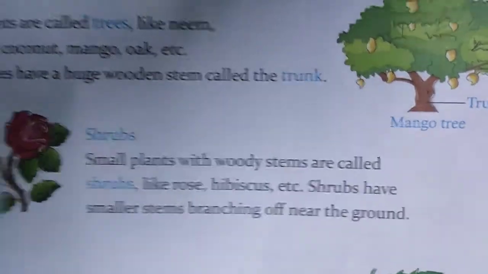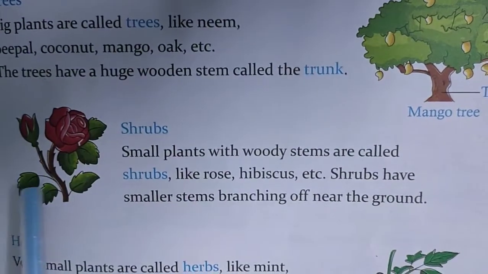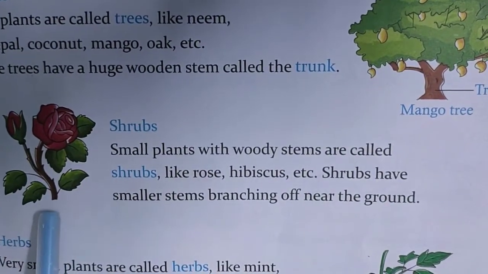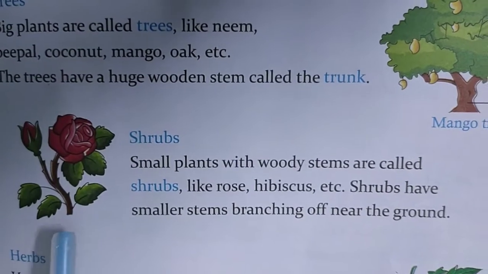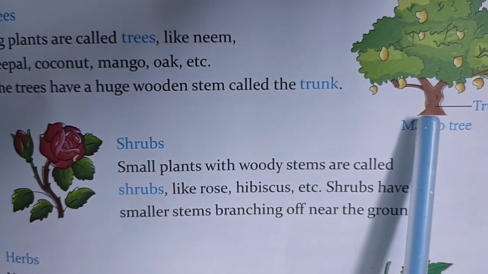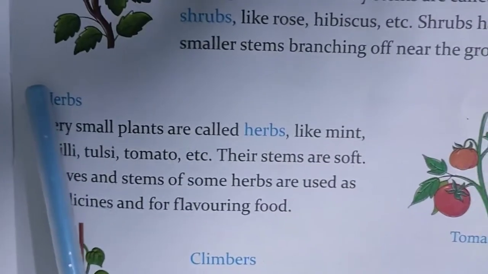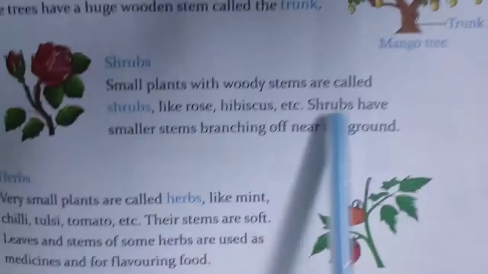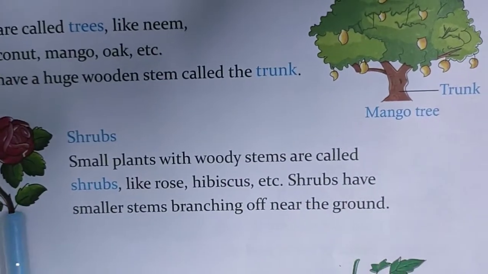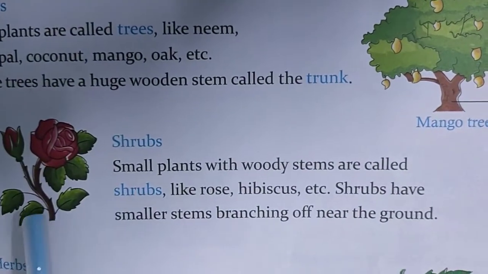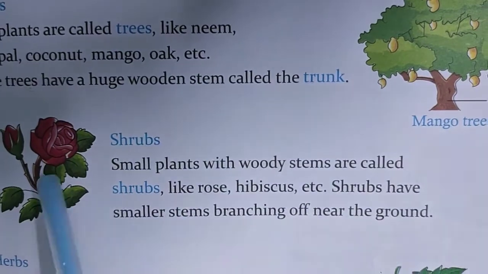That means small branches are nearby the stem. The stem is weak, not so much like the tree trunk. There is a little difference between trunk and that stem. The stem is small and not so strong as a trunk.